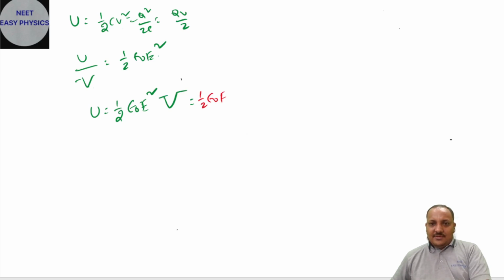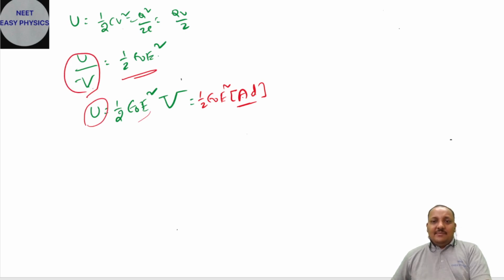Area into distance. So many students will think half epsilon naught E square is the only answer. Half epsilon naught E square is energy density. Half epsilon naught E square into area into distance gives energy stored. This is in terms of electric field between the two plates and permittivity of free space. If a medium is there, in place of epsilon naught, we will write K epsilon naught. So that is common for us.